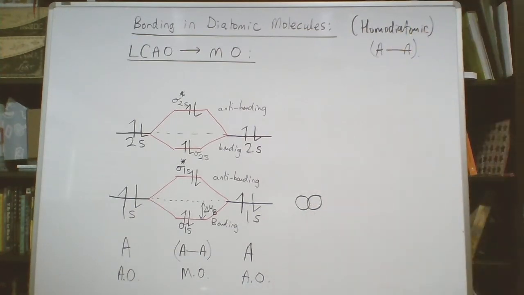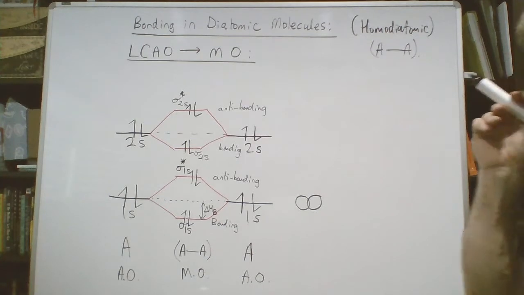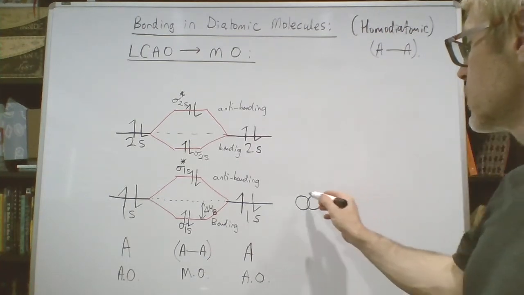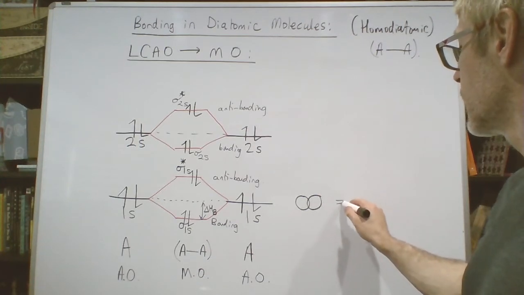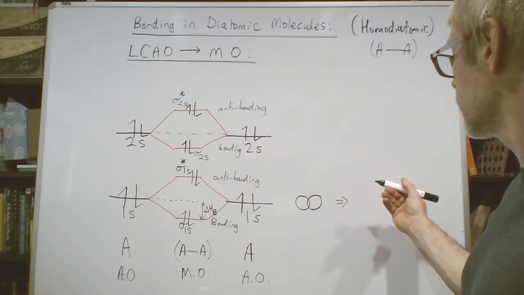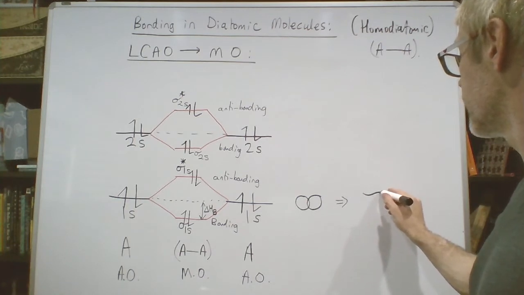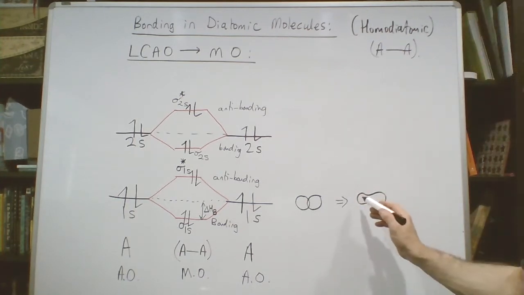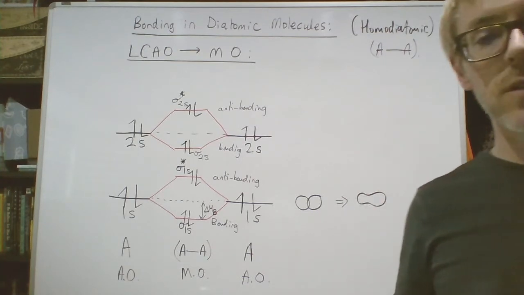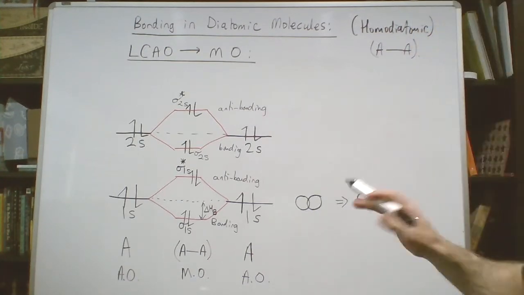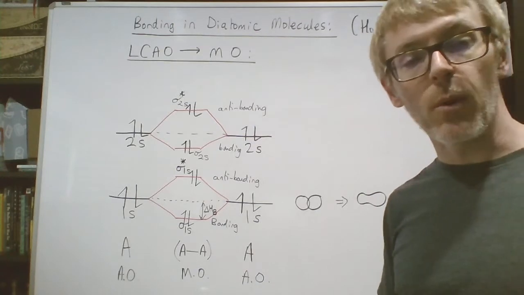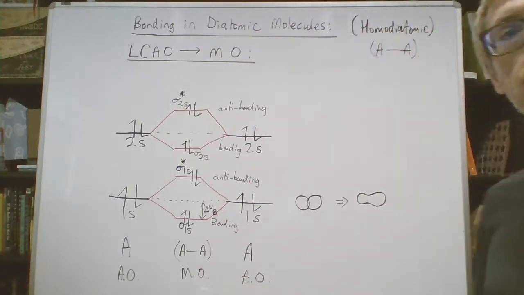So I've got the overlap of these 2 spherically symmetrical atomic orbitals, which makes one continuous object, almost like a peanut, where the electrons can occupy proximity to both nuclei and help bind both nuclei together.